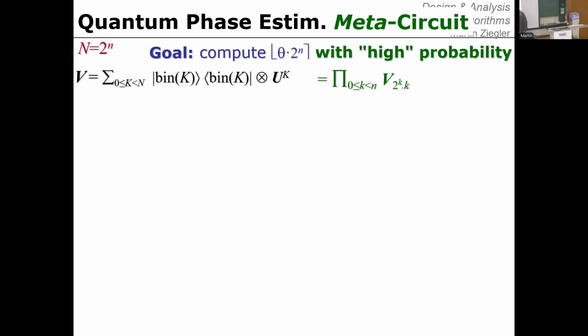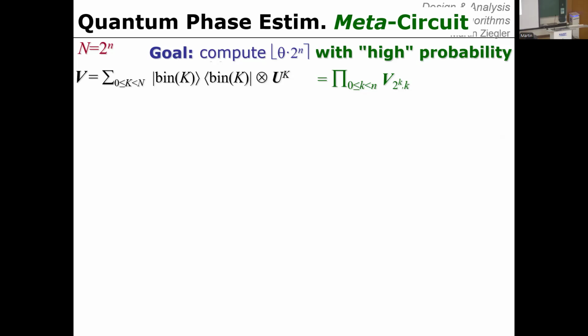Then the idea is basically repeated squaring, but now in the quantum setting. Remember, what do we do in repeated squaring in order to calculate the k-th power of U? We calculate U squared, U to the 4th, U to the 8th, 16, and so on, and ignore all the things in between. That's already an improvement, right?